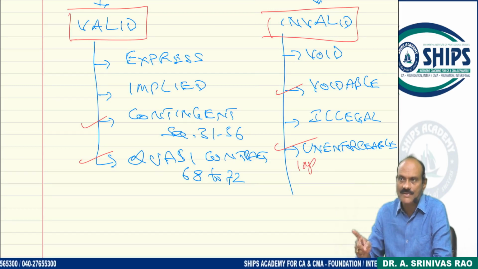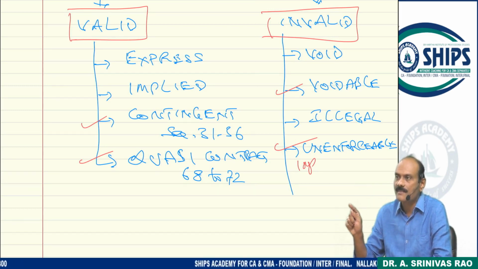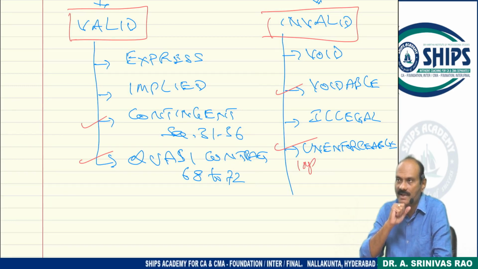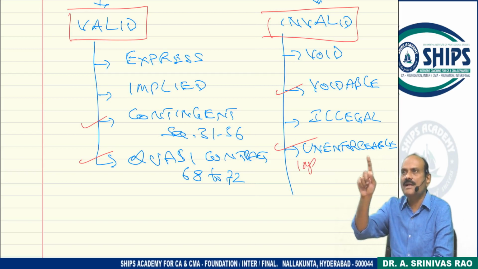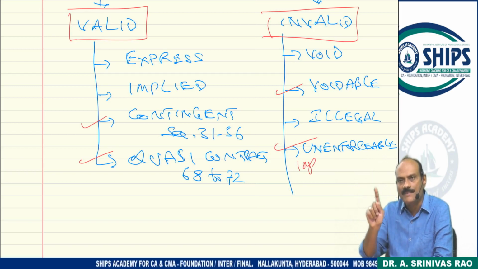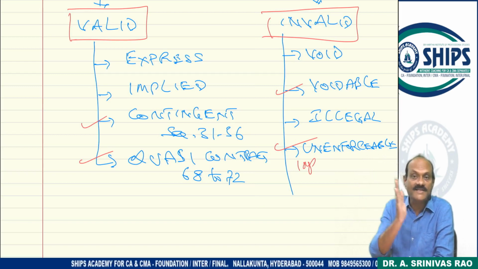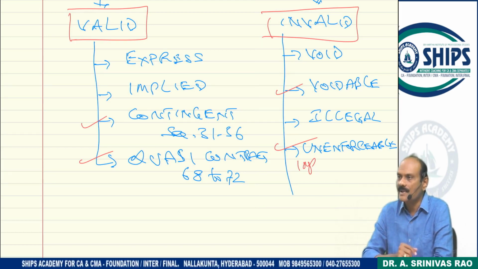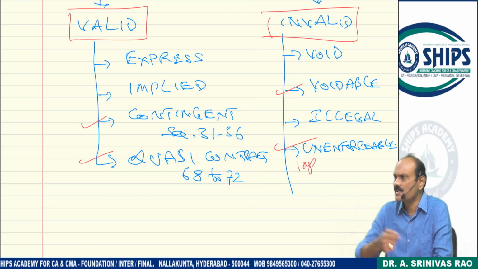Now onwards, wherever you see the word express in an agreement, one rule will be there, always one condition: the terms and conditions of the agreement may be either express or implied. Time permitting, just see the agreements and see this word.